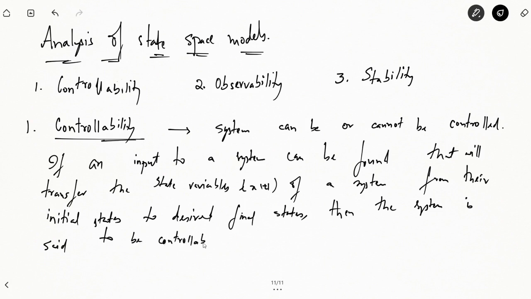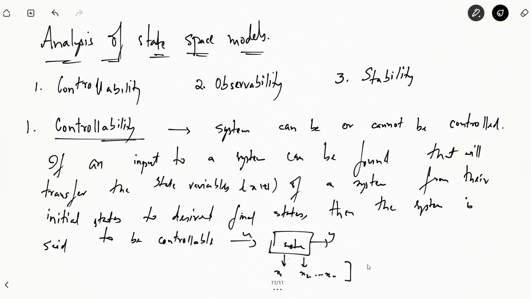So if there exists any input, you have a system and you are applying an input to the system. Apart from the output, we also know there are some other states of the system, x1, x2, up to xn.